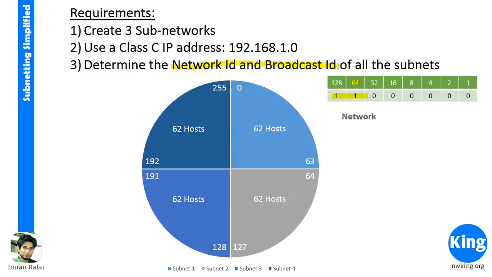So start doing all these calculations in your mind. It's going to be very easy, and in your exams you will not have much time. They'll ask you a question, and if you spend more time on that one question, you're going to waste a lot of time later in your exam. So immediately when you see a question, quickly get the network ID, broadcast ID, and answer it.